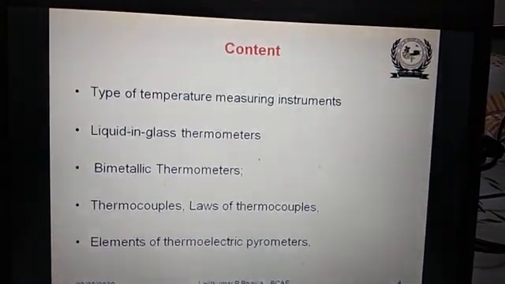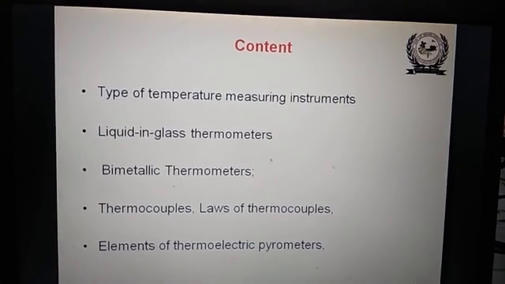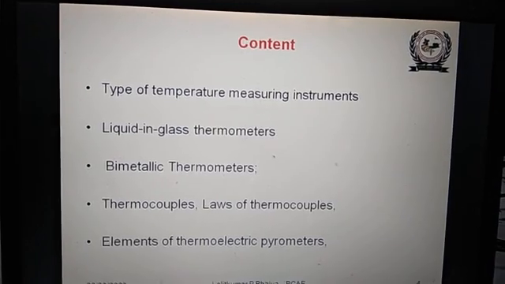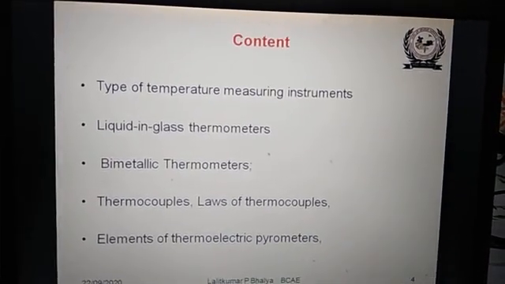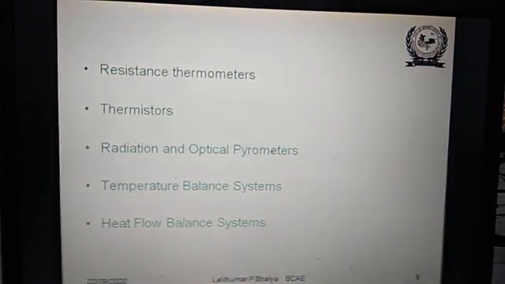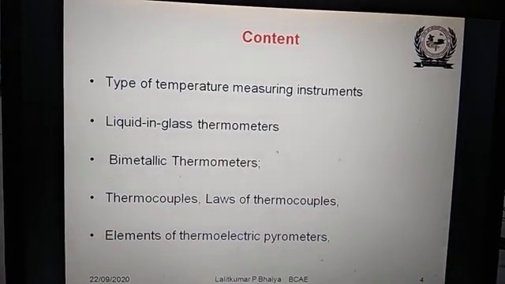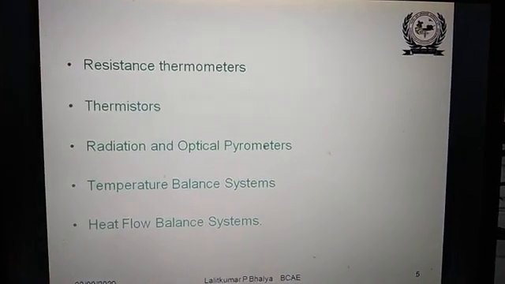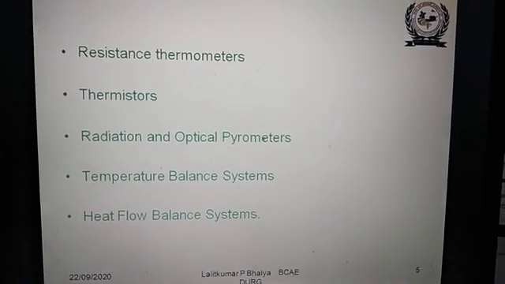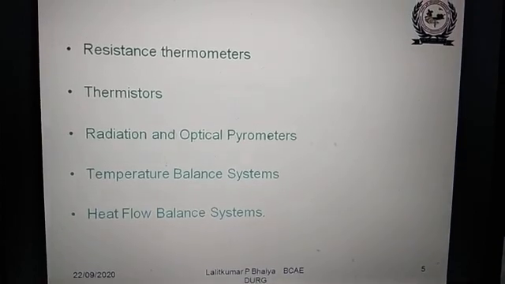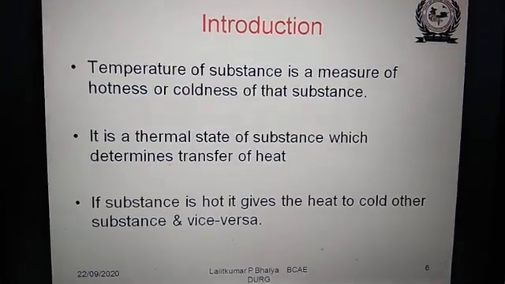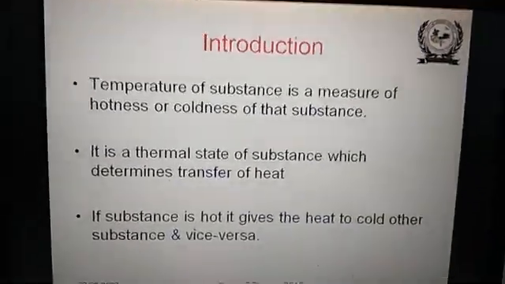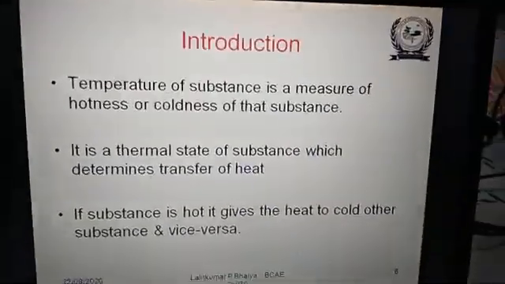We have seen types of temperature measuring instruments: liquid in glass thermometer, bimetallic thermometers, thermocouples, laws of thermocouples, elements of thermoelectric pyrometers, resistance thermometers, thermistors, radiation and optical pyrometers, temperature balance system, heat flow balance system, and then we have seen the introduction. What is temperature?